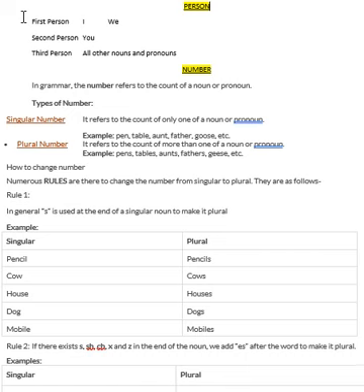The second is the listener, to whom the speaker speaks. And the third person is the one about whom the speaker speaks. That is, the first person is the speaker, that is I, who speaks.